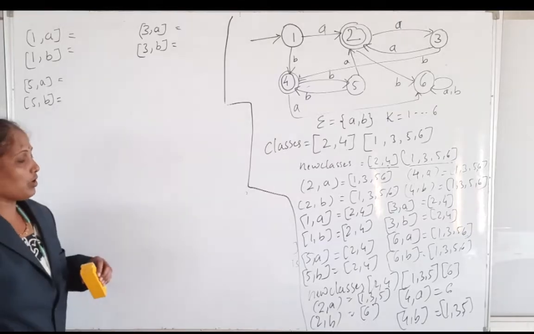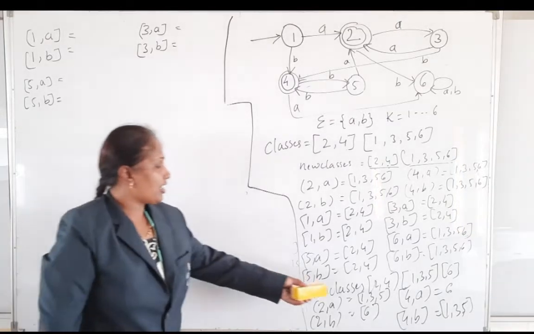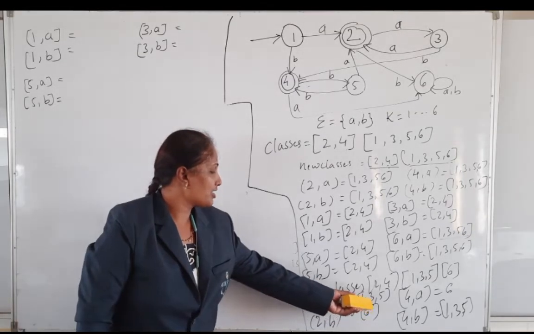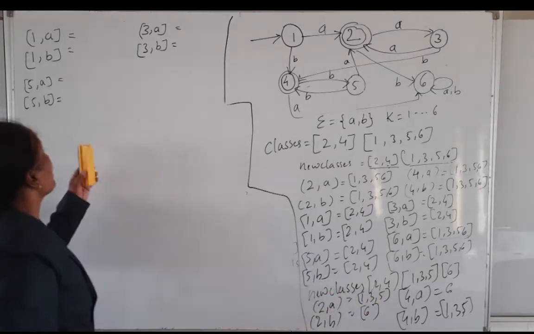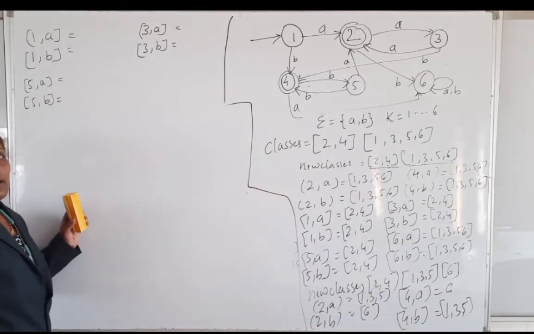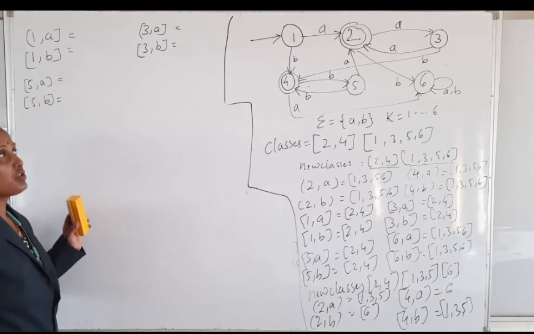So next I should check what? The transitions for the next group, that is 1 3 5. Shall I split that based on the state they reach after accepting the input symbol?